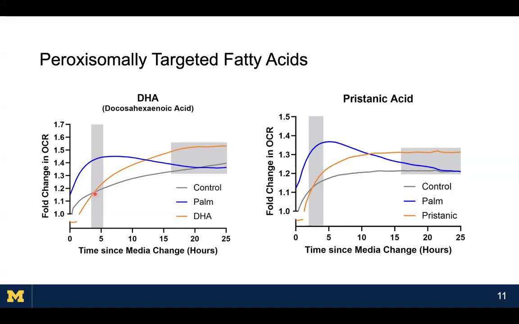It is a very good point, and on our to-do list is to do the exact same thing with the peroxisomally targeted fatty acids to understand their depletion rate. One of the things on John, the postdoc's, list is to figure out whether these simple fatty acid enzymatic kits, which allow you to do things very quickly, can work with very long chain fatty acids.